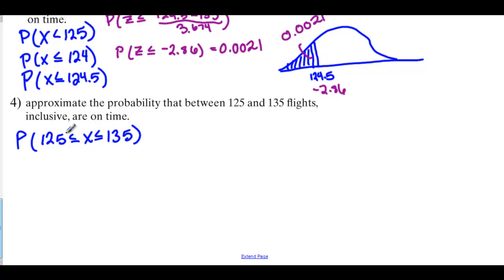But again, we need to translate that over. So we're thinking about our picture of being 125. And then 135 was our average, right? That was our mean. So that one's going to be right in the middle. Well, we want this area, but we need to add on 0.5 both directions.